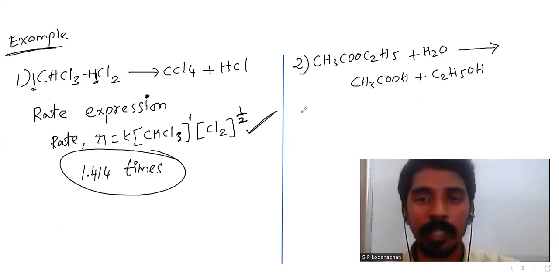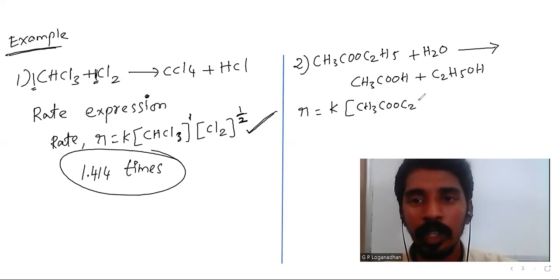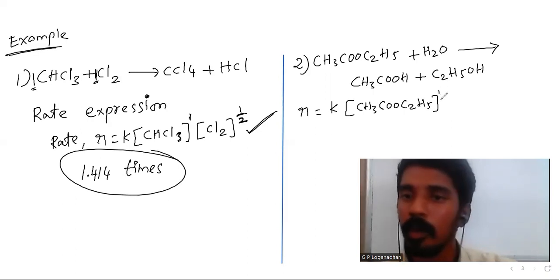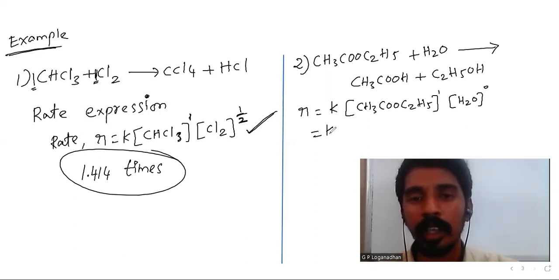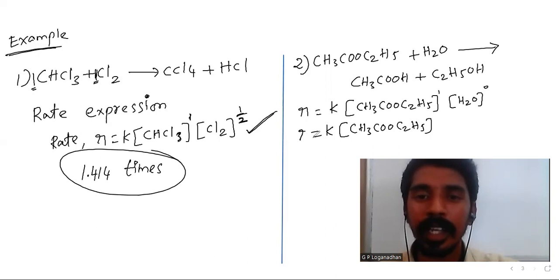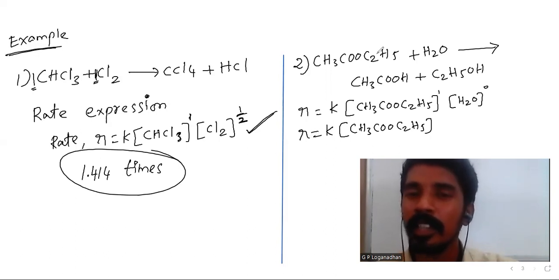If you write the rate expression for this one, R equals K CH3COOC2H5 power 1, H2O power 0, or you can write this as K CH3COOC2H5. So this data gives that the rate of the reaction is completely dependent on the concentration of CH3COOC2H5.